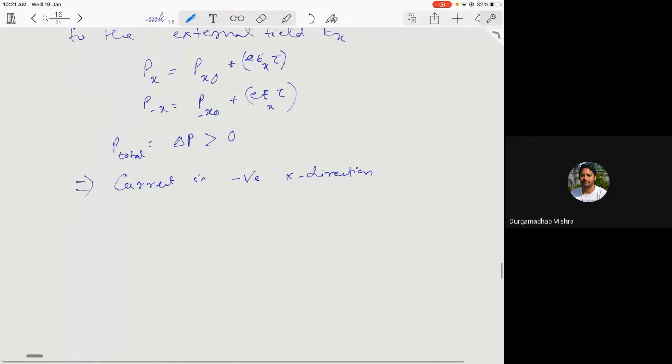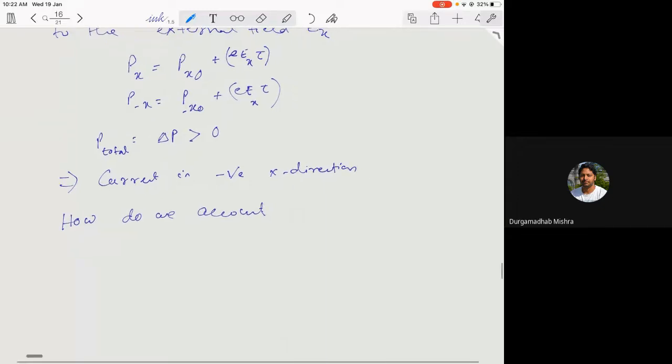Now, how do we account for collision? This shift in momentum has to stop at some point, because the electron will get scattered. There will be some scattering or collision, which leads to a resistance to the flow of current.